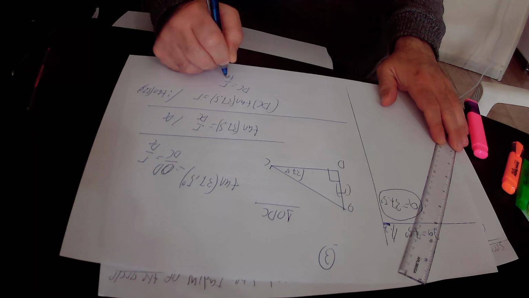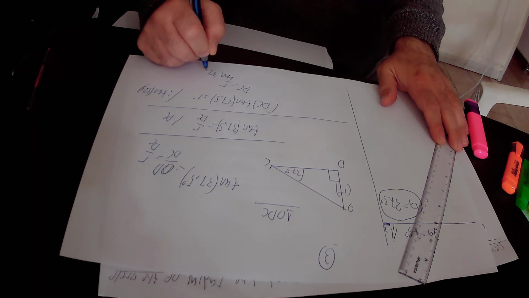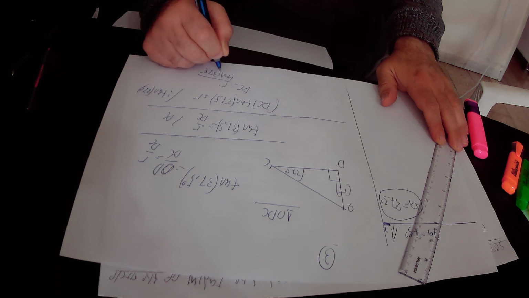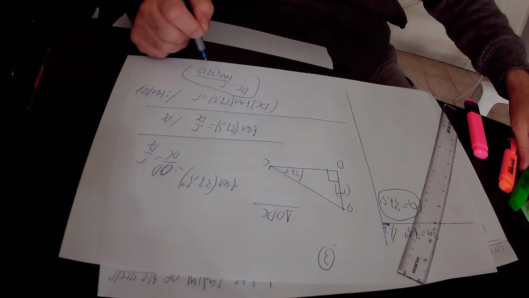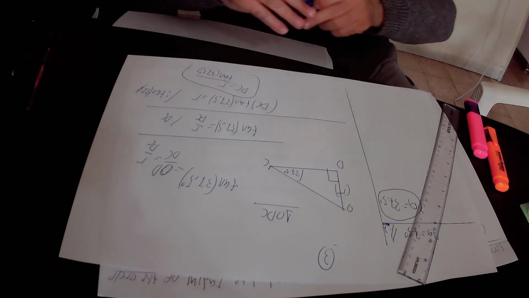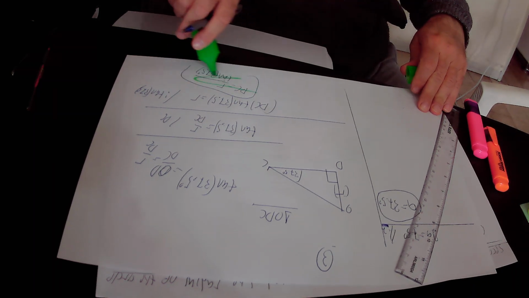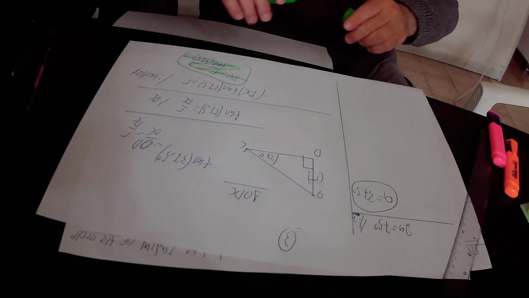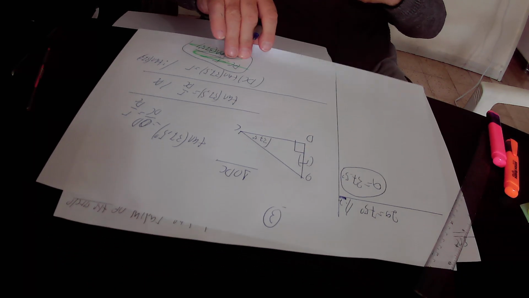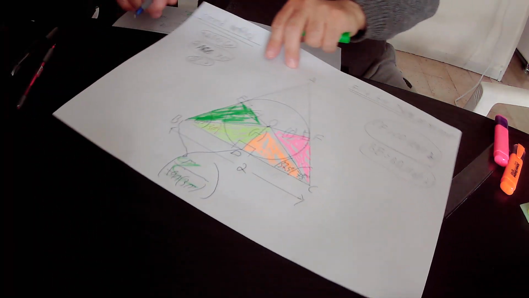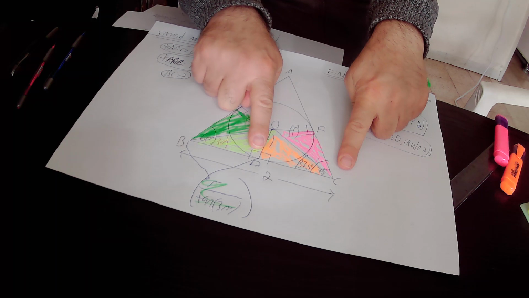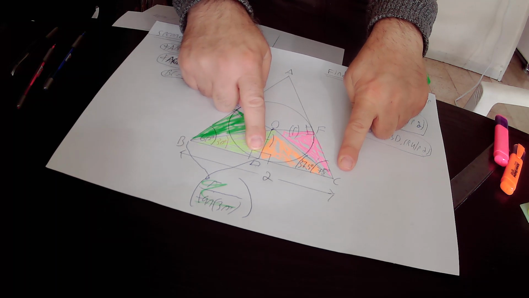Here we divide this equation by tangent 37.5 degrees, and finally we get that DC equals R over tangent 37.5 degrees. So this is side DC, which equals R over tangent 37.5 degrees.